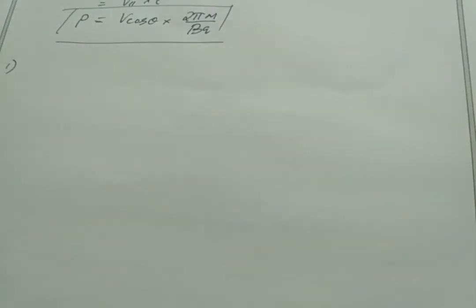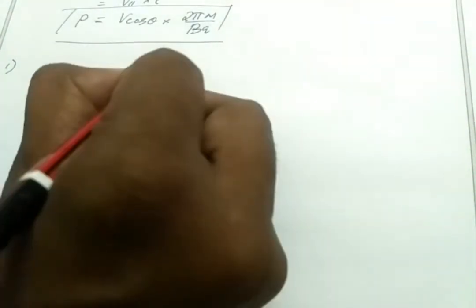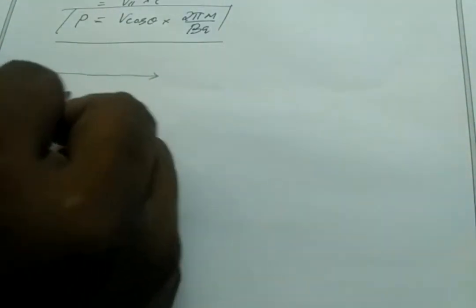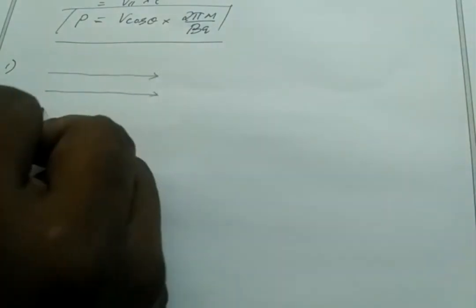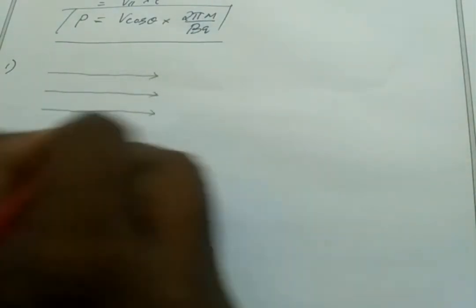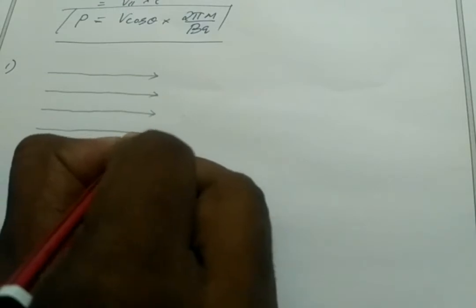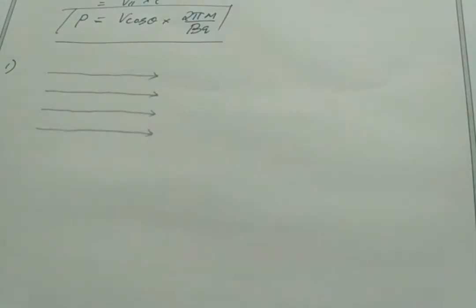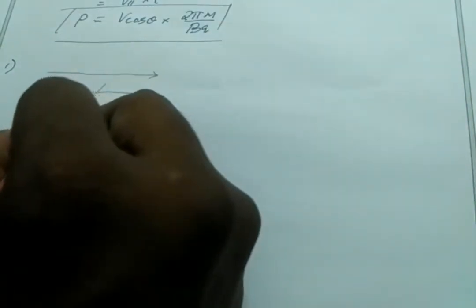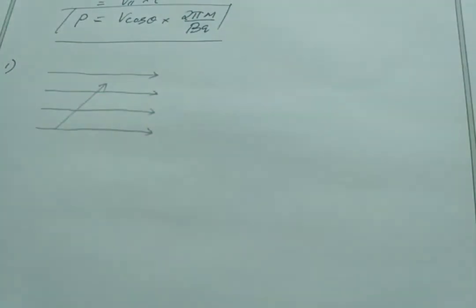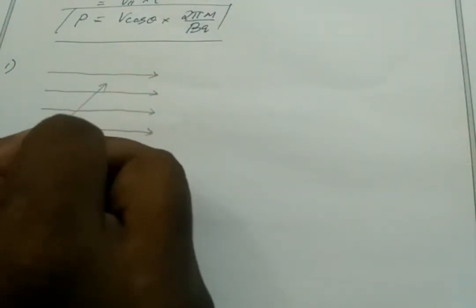The first one: it is given that in a uniform magnetic field, our charged particle makes an angle of 30 degrees with the magnetic field.